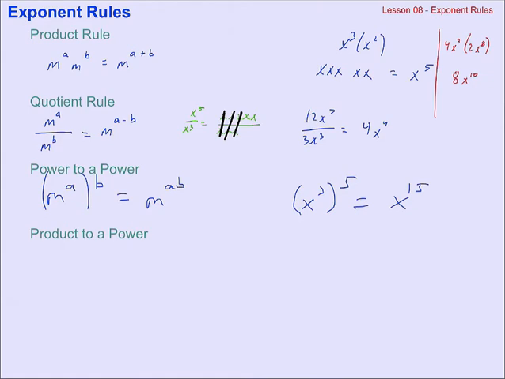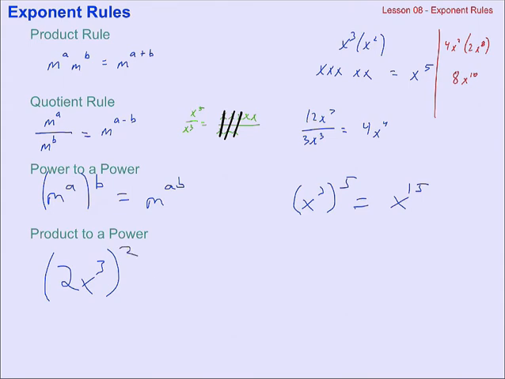And the last one is a product to a power. That's when we have a full power including the coefficient. I'm just going to do this by example here. It's a little bit too complicated to do it by rule. So 2x to the third squared.